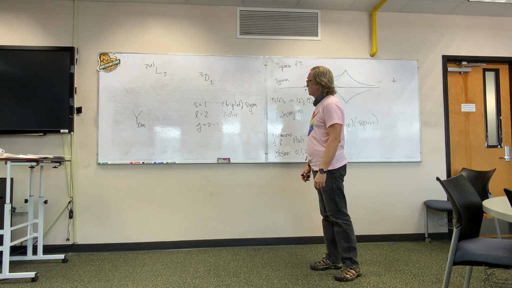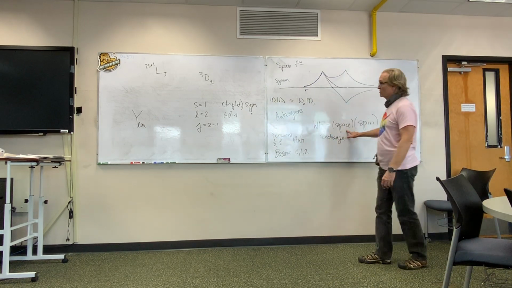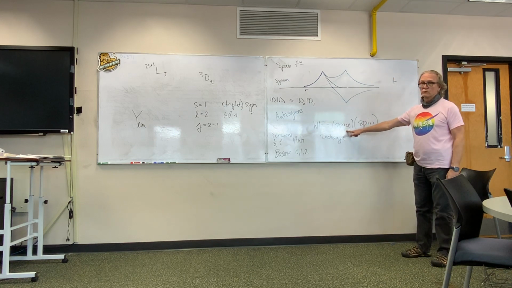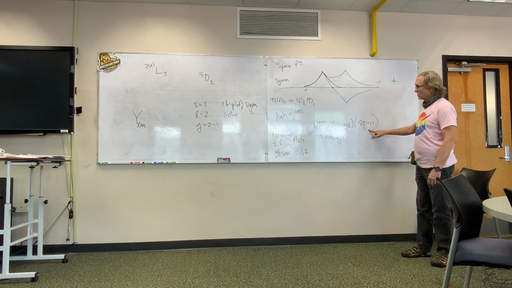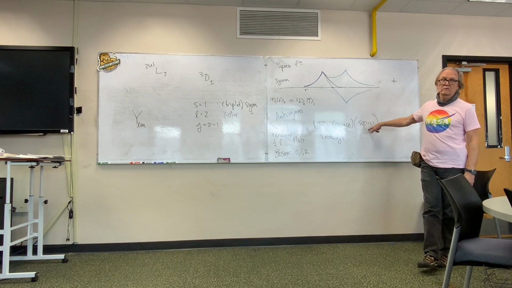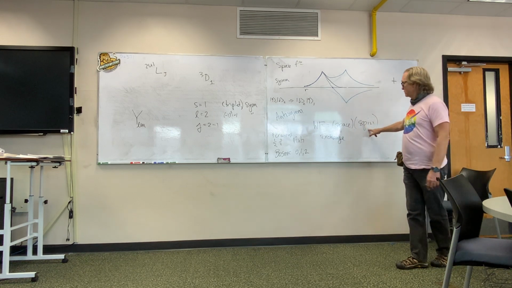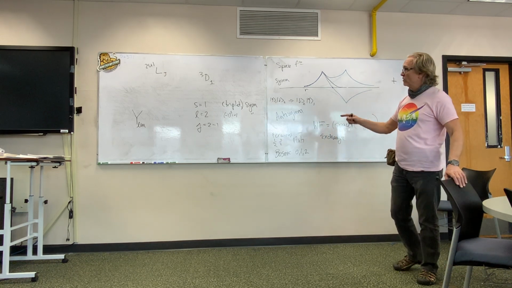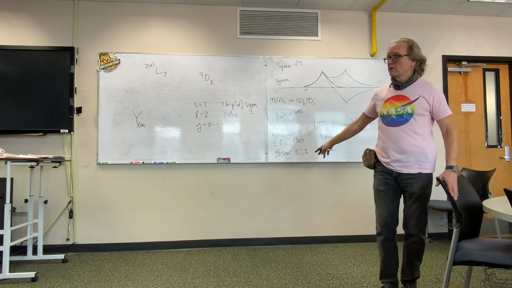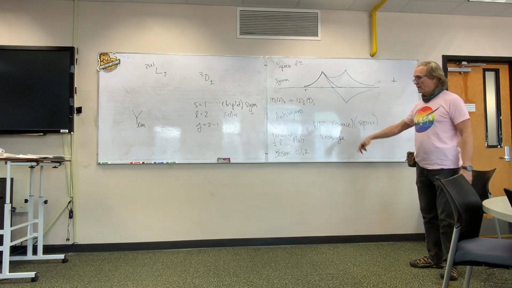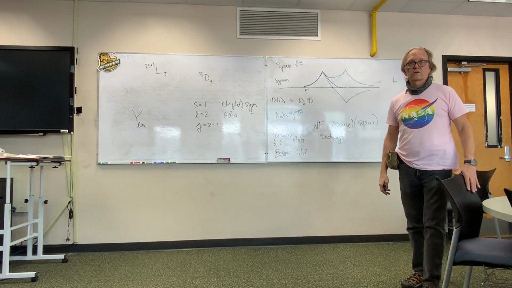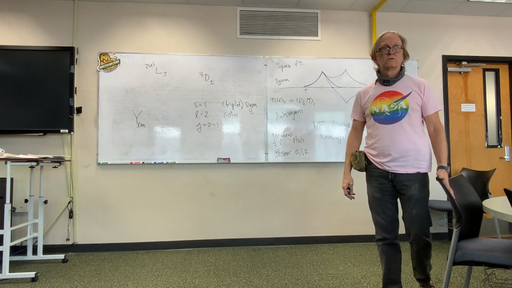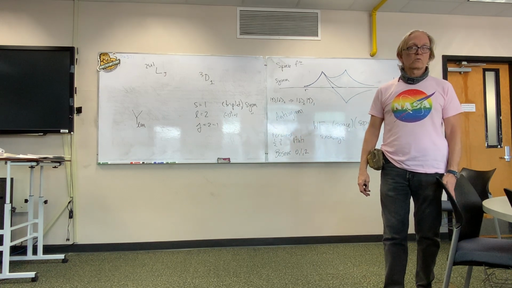So we have a symmetric space function, L equal 2, and a symmetric spin function, triplet, S equals 1. So when can you put two fermions in a wave function that is symmetric under exchange of particles? It's a trick question.